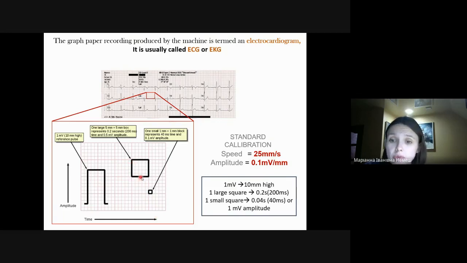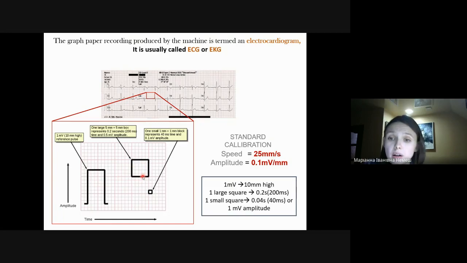The large box present on the ECG strip has an amplitude of about 0.5 millivolts and consists of 5 small boxes, so 5 millimeters, and its duration is 0.2 seconds.